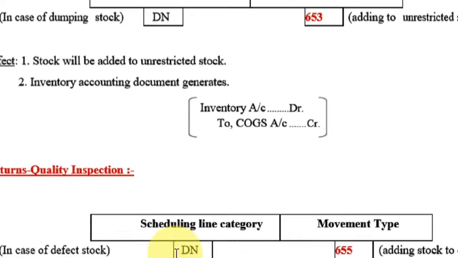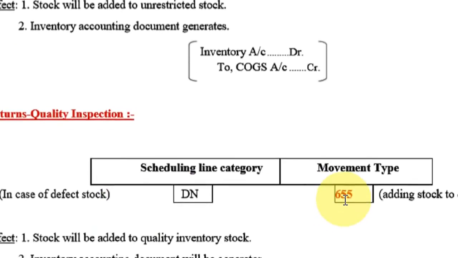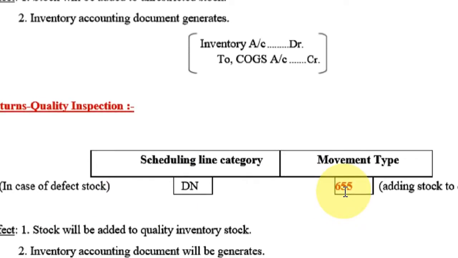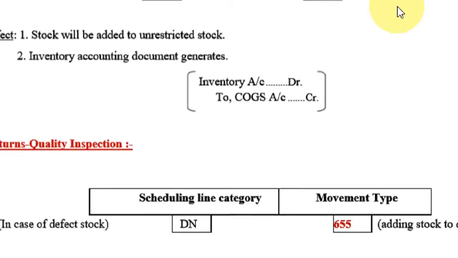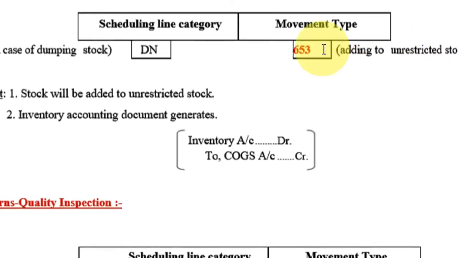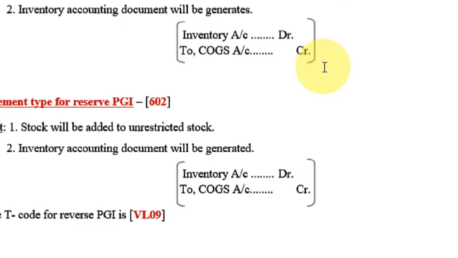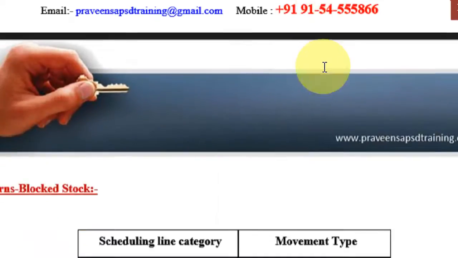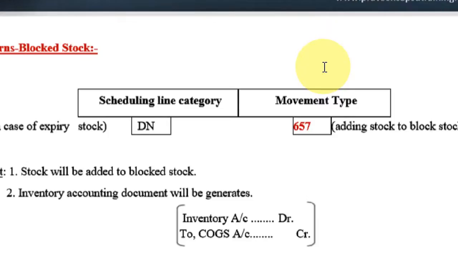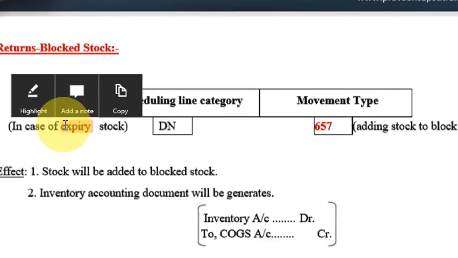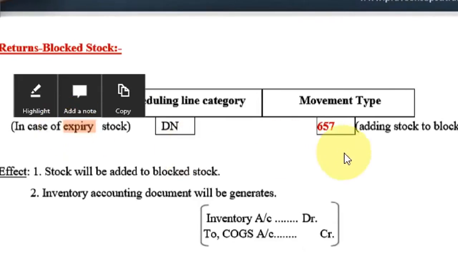So quality inspection stock is 655, and if you want that stock again added to unrestricted stock, that is 653. And the same, like say you received the stock first in the returns, and the stock is expired and it is not eligible for sale, then we'll assign it to the block stock.